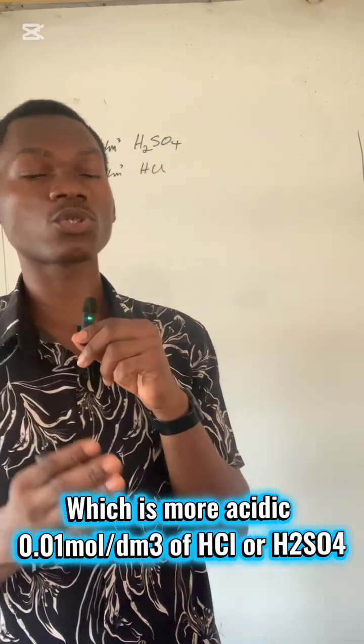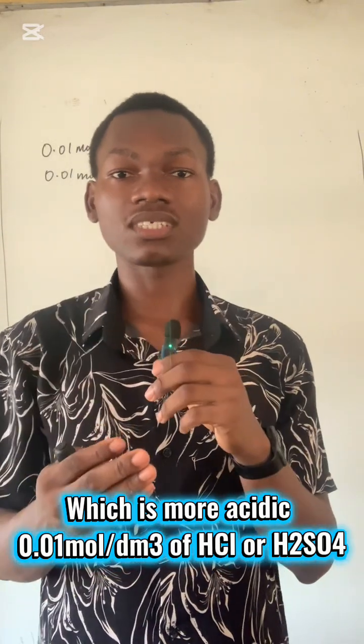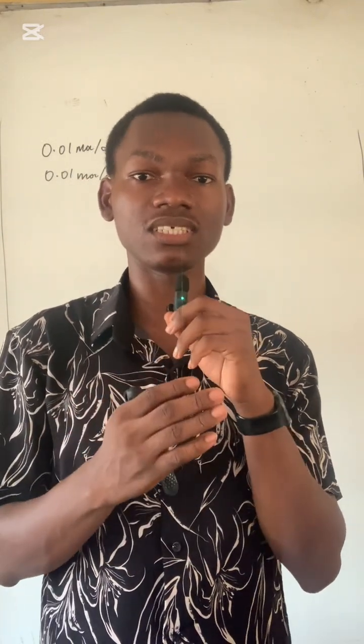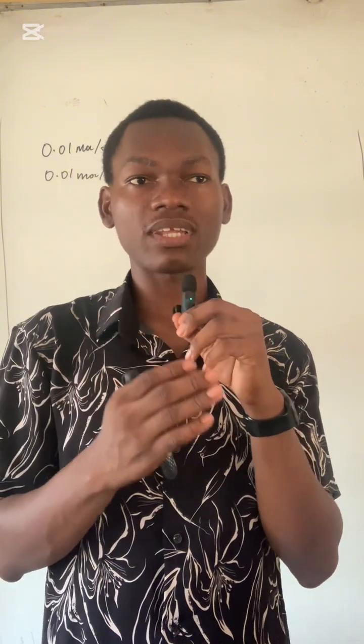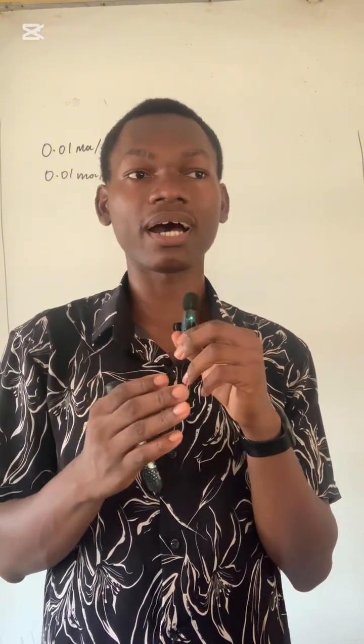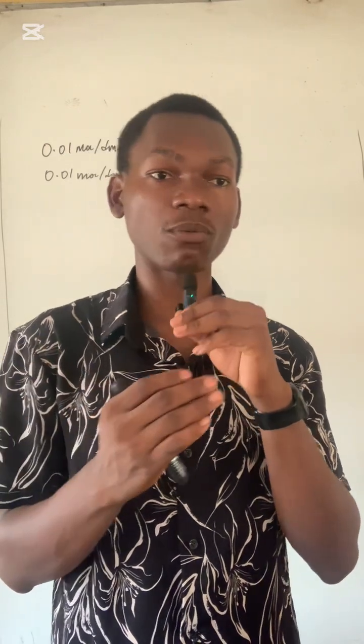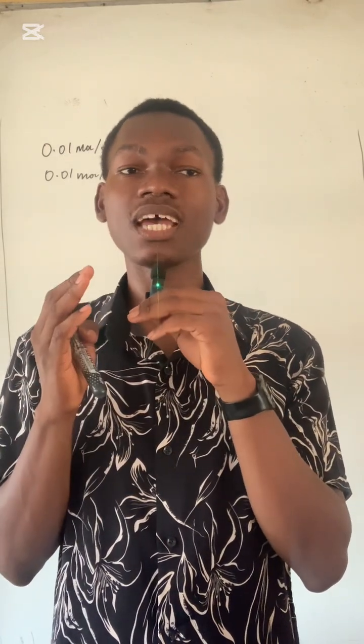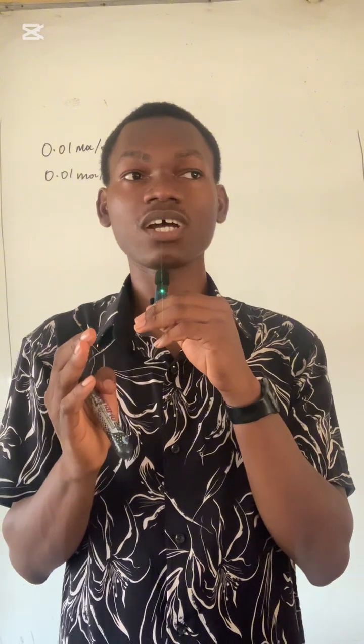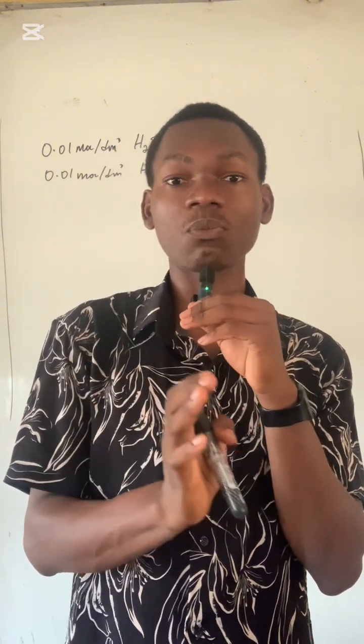Now, in order for us to analyze this question very well, we have to ask ourselves, how can we measure acidity of an acid? Acidity of an acid generally can be measured by the pH, using the pH scale that ranges from 0 to 14. So when any acid has a pH getting closer to 0, it is more acidic, right?